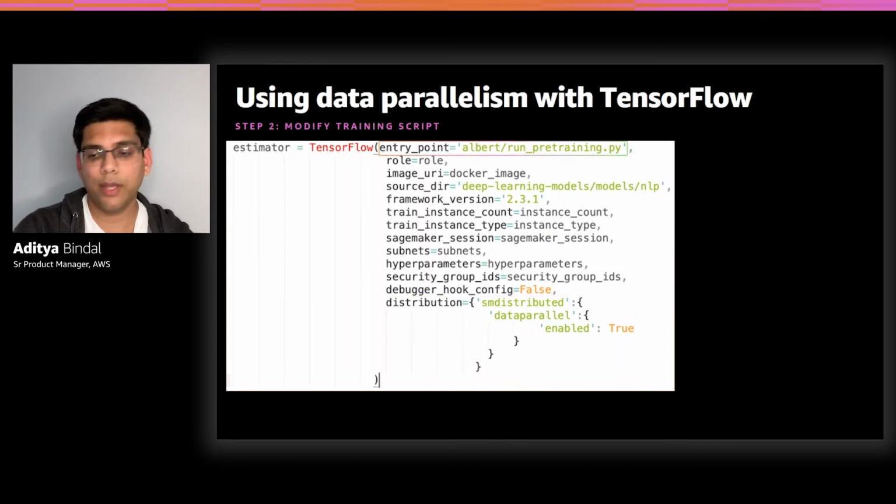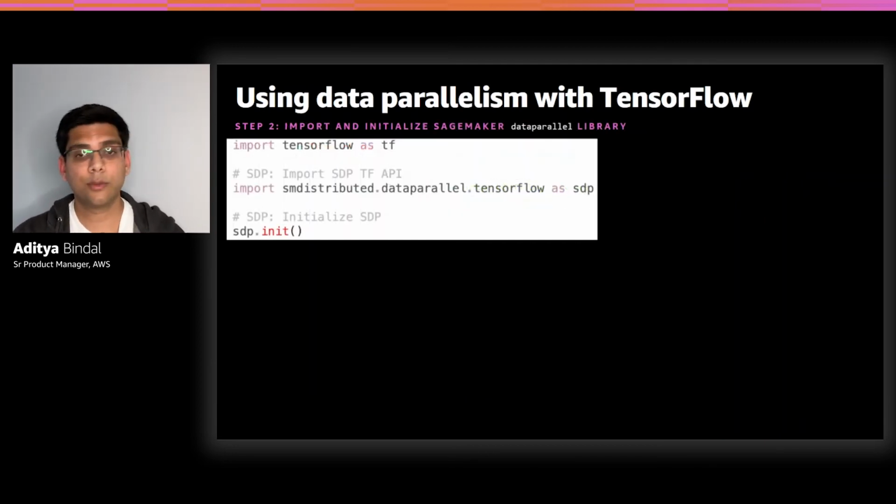So now let's dive into what we need to change in our Albert pre-training script. The first thing we do, once we've imported TensorFlow as our framework, we would import SageMaker distributed data parallel, and within that we would import the TensorFlow library and call that SDP, and we would then initialize.